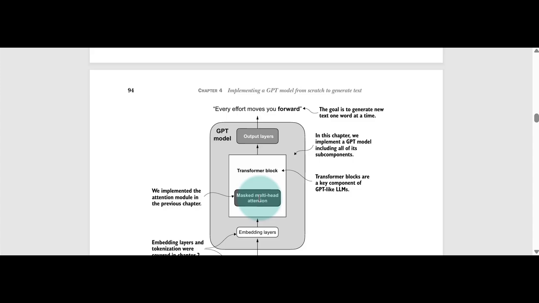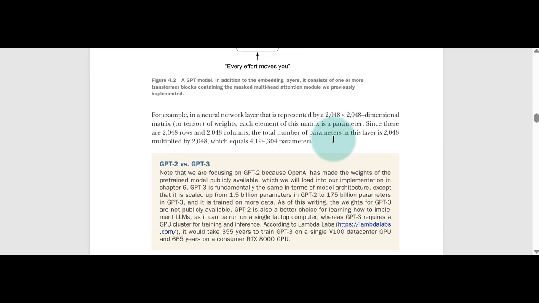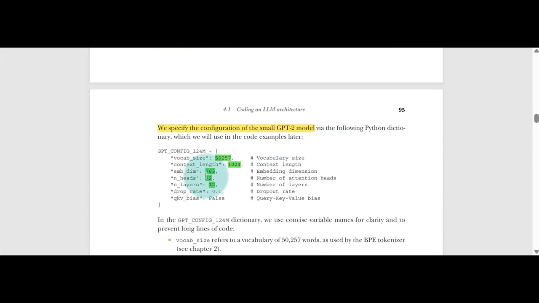Now, for the attention heads, we're going to have many of them, but we're going to run those in parallel. But the transformer block as a whole, we might have more transformer blocks, but they're going to be run sequentially. But anyway, he says here that we're going to have 12 heads and also 12 transformers, or 12 layers they're called.